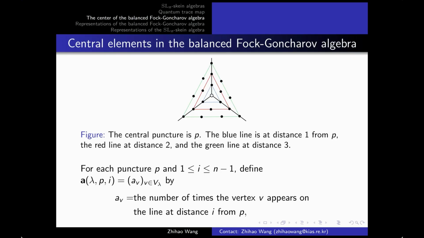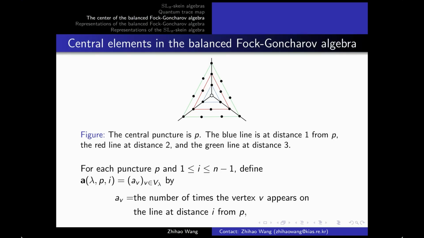Okay, now let's continue. So now we know the vector A. A_v is the number of times v appears on this line. Why the number of times? Because it is possible that there are some identifications between these vertices. For example, look at this red line. It is possible that this vertex is identical to this one. Maybe this example is not good.